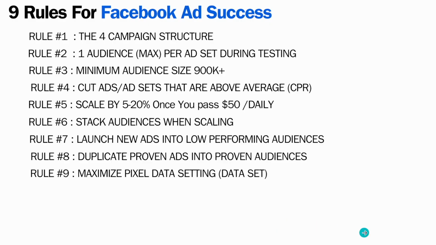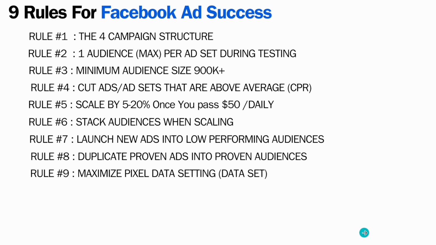Here's what we will cover: 9 rules for Facebook ad success. First, the 4 campaign structure. Rule 2, one audience max per ad set during testing. Rule 3, minimum audience size 900k plus. Rule 4, cut ad sets that are above CPR.